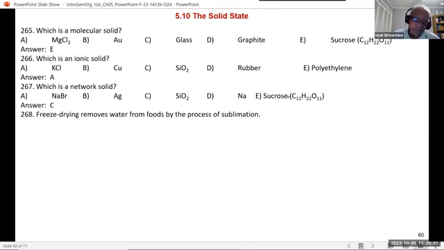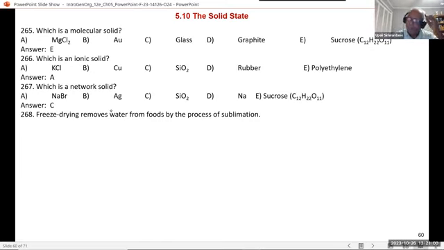Let's look at what applies to freeze drying. When you freeze dry, what you do is you freeze the food and the water in the food becomes ice. And then when you're drying it out, you remove water vapor from the ice.